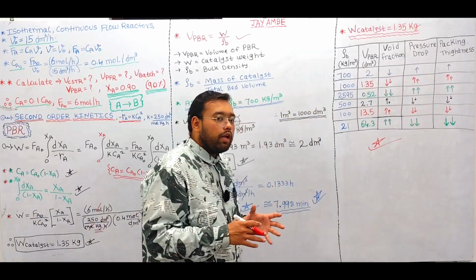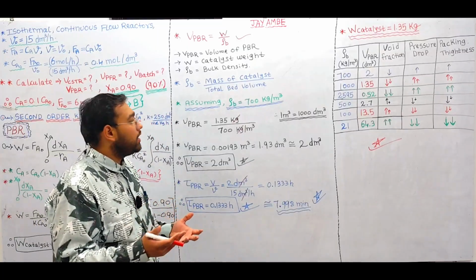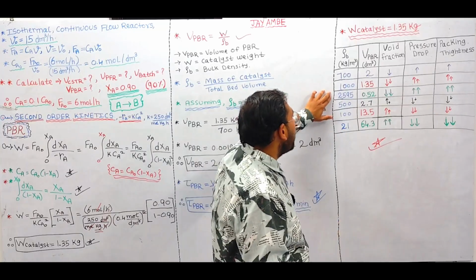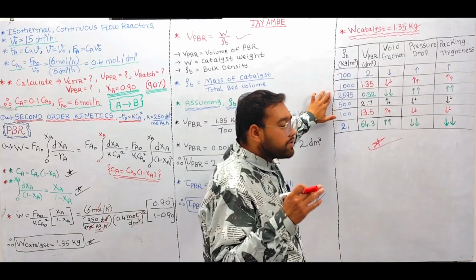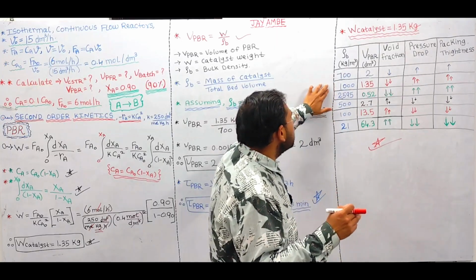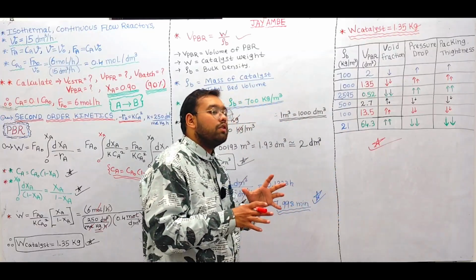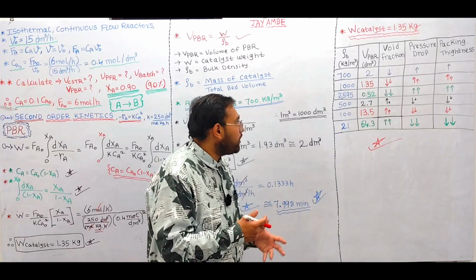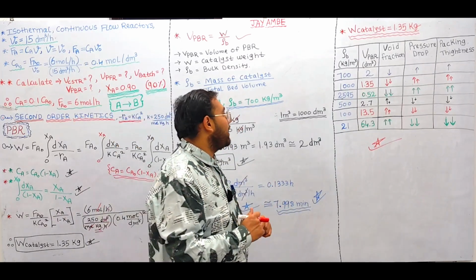So let's say now, what if I increase my bulk density from 700 to 1000 and 2595 kg per meter cube, right? So by increasing the bulk density from 700 to 2595, how does the increase in the bulk density affect the volume of the packed bed reactor, the void fraction, the pressure drop, and the packing tightness? So let's understand that, right?